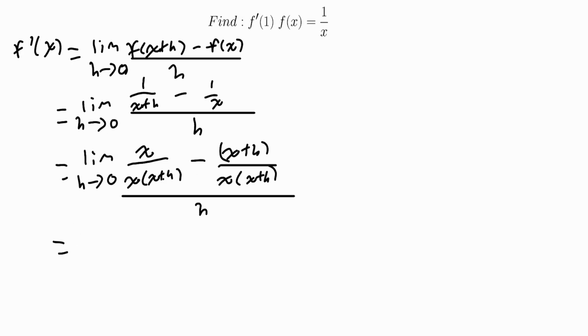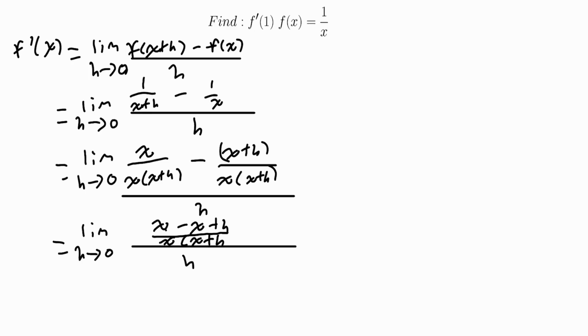Now we can actually subtract our two fractions, and so we have the limit as h approaches 0 of x minus x plus h over x times x plus h over h.